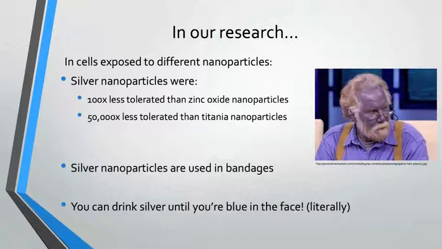Now, we know silver's used in bandages, so we're pretty happy that silver's okay. We also know that you can drink silver until you are blue in the face. So here's a poor chap that was drinking nanoparticulate silver 3 times a day for 15 years. Now, what he's managed to do is turn himself purple.